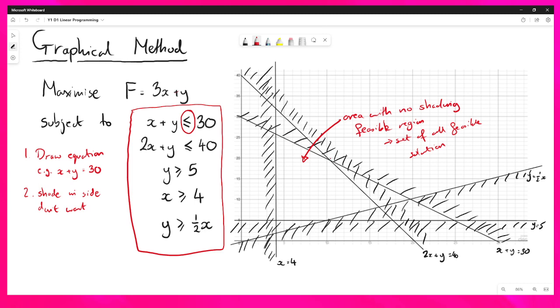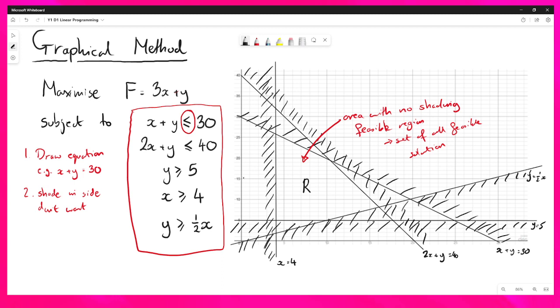So every pair of x and y in this region satisfies all the equations at once. Very typically, and often you're told to do it in the question, you label this region with an R. Even if you're not told to do that, do that. If you're told a different letter, use the letter you're told, but very commonly it is R.